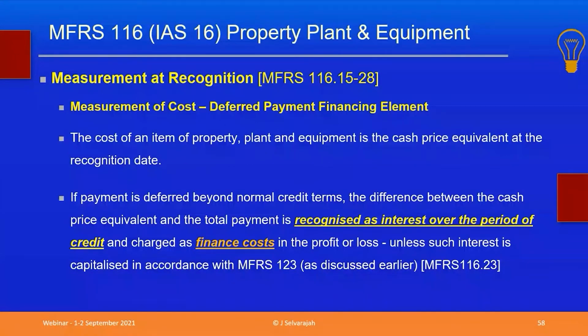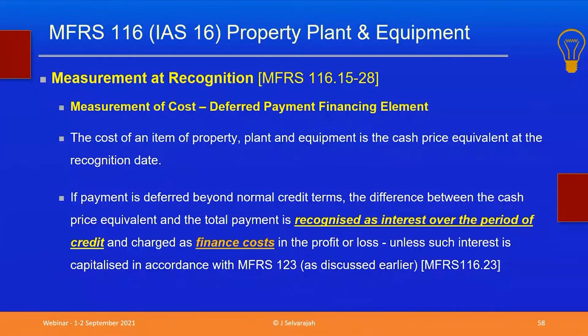Deferred payment financing element. Now, when you are looking at recognition and you are purchasing a PPE at the cash price, obviously that is the cost. But if you are purchasing plant and machinery over a period of time and you are given some kind of extended credit by the supplier, which is rare, but it is given.